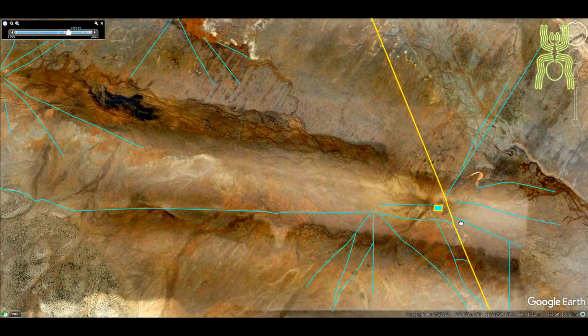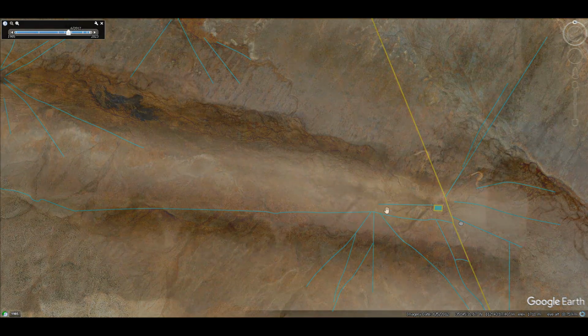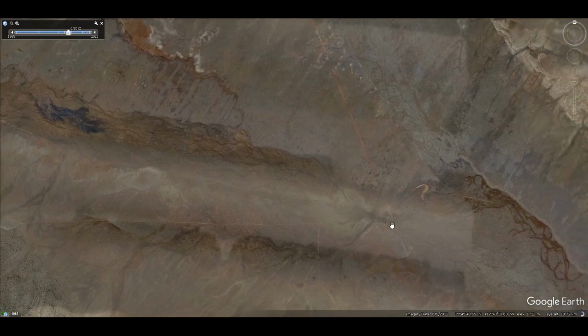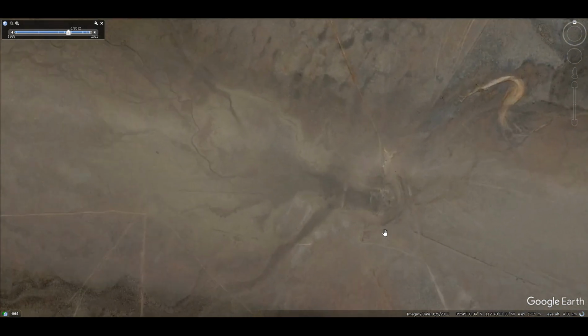And here you see another column that is connected to the previous column. Here is the anchor.